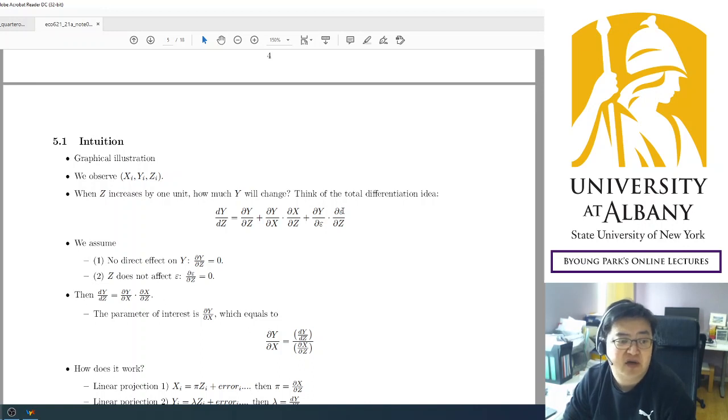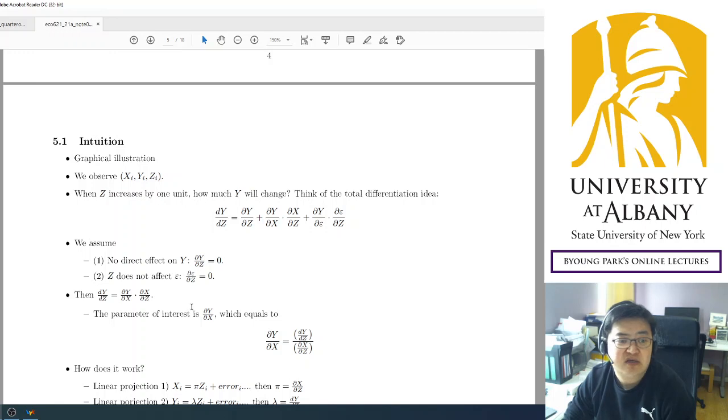The error term is not affected by Z. So if you cross these out, then the second term is the only term that determines the total differentiation. So dy over dz can be written in this way. There is only one channel, and that path can be decomposed into two steps. Z affects X, then X affects Y.